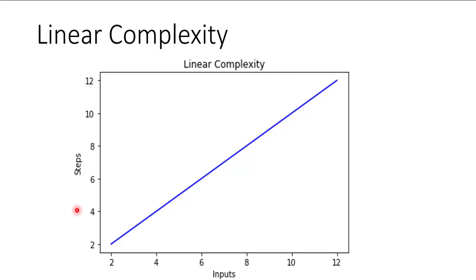Here in the graph you can see on the basis of inputs, the number of steps or the number of iterations are increasing or decreasing linearly. So this is known as linear complexity, and it is often denoted using O of n, where n is the number of inputs.